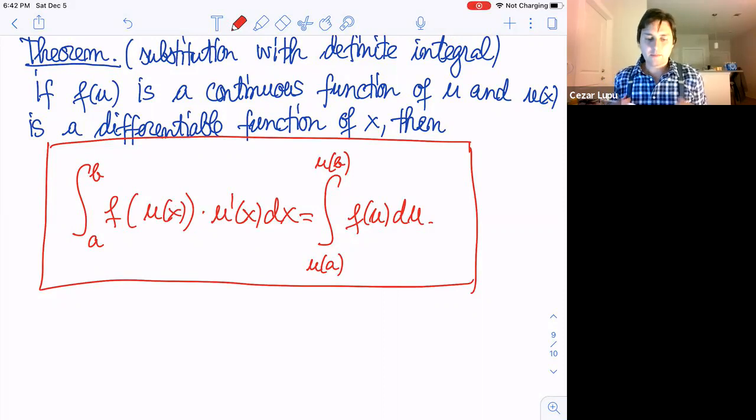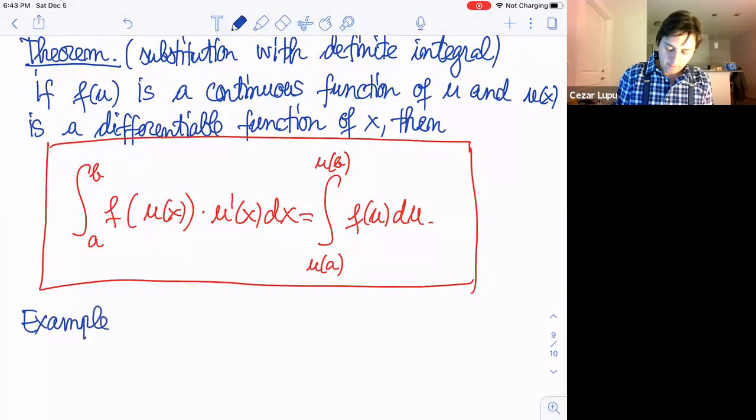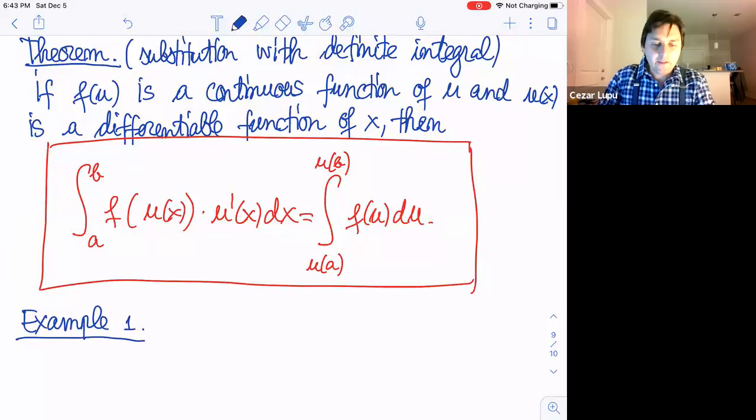All right, now let's see some examples of this. Let's see some applications. Example 1, the first example that I have in mind. This time we will compute only definite integrals. So the first one, let's pick something easy.